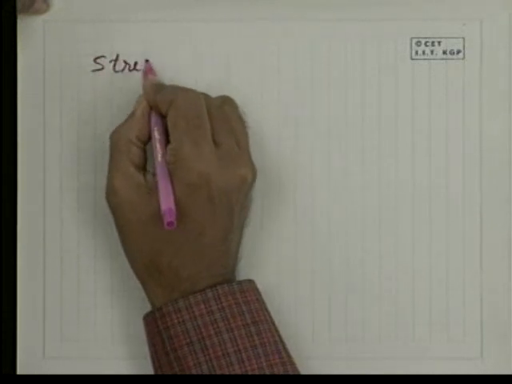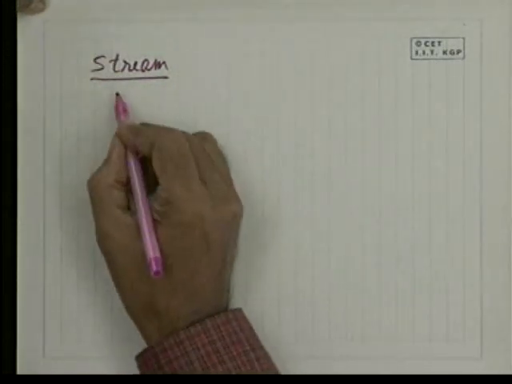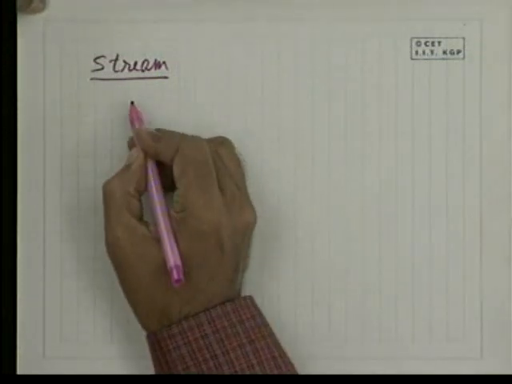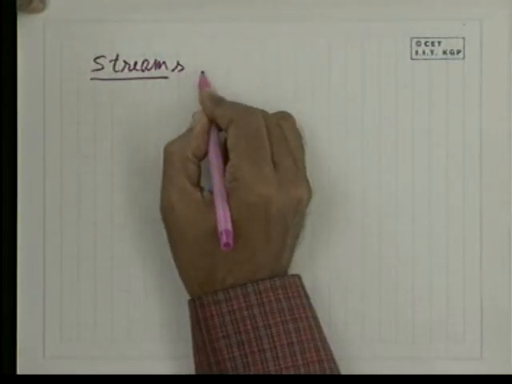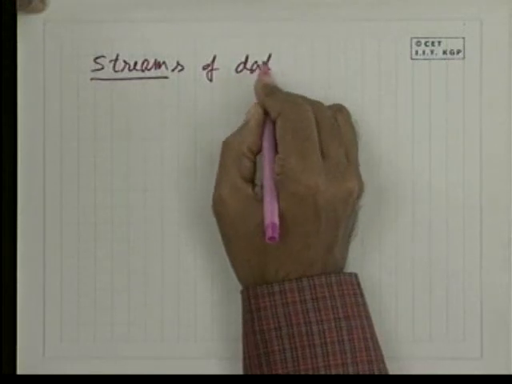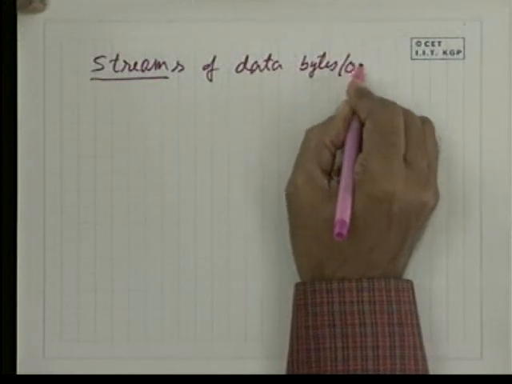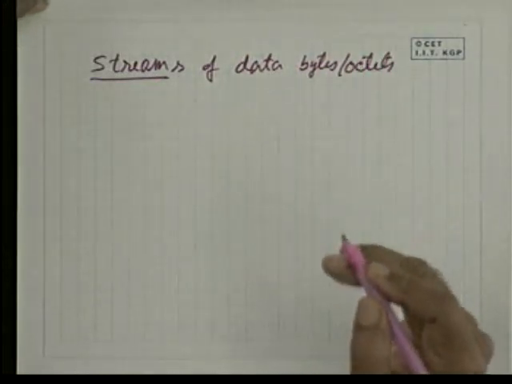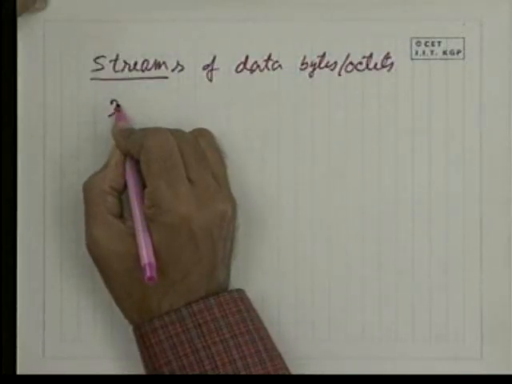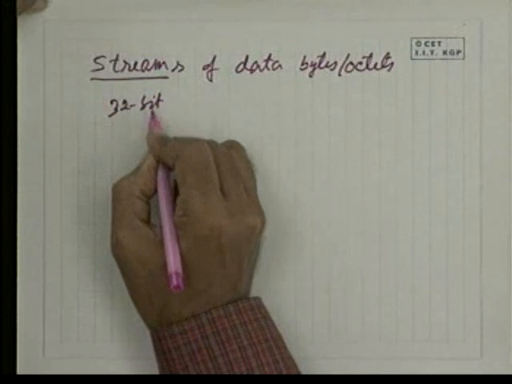Stream oriented protocol. What TCP does is it sends streams of data, or streams of data bytes or octets. That means each octet that is being sent by an application program is given a number with the help of a 32-bit number.